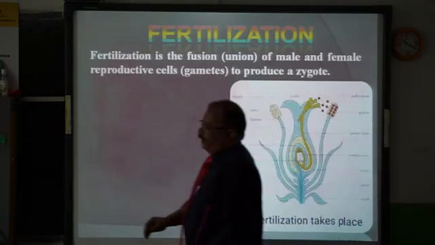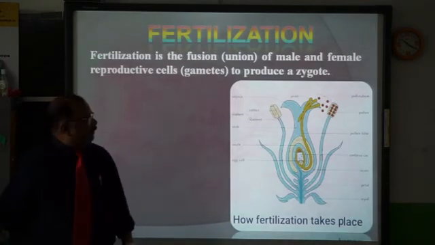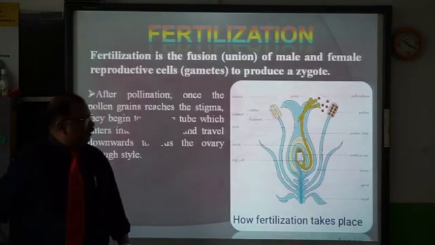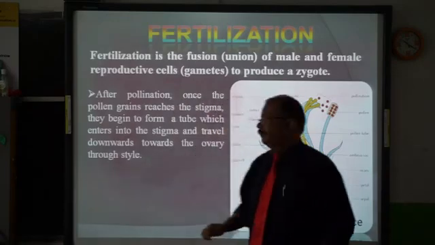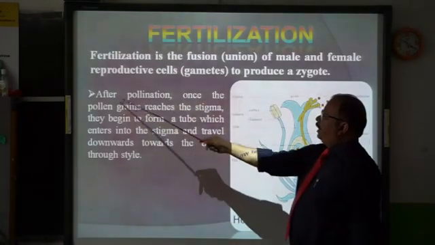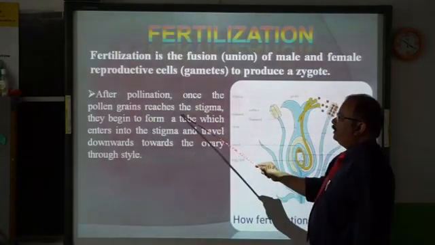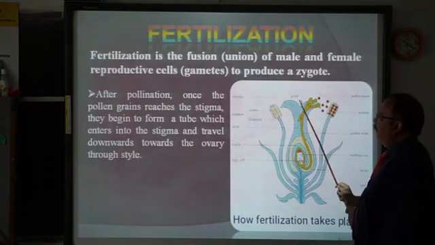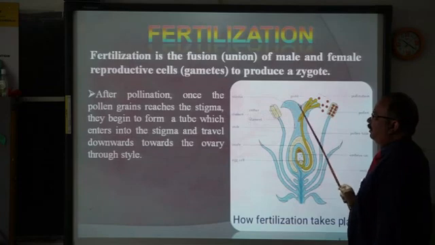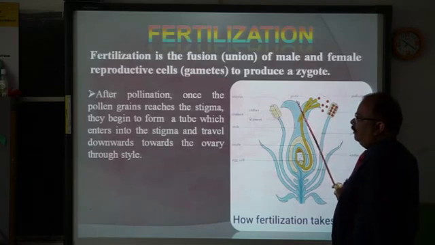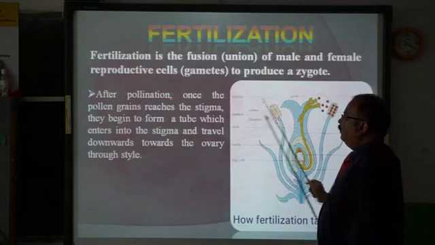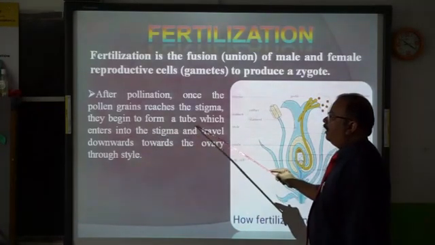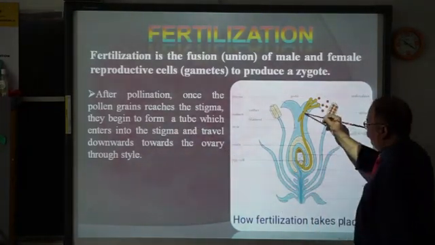Now, pollination we have already discussed. So what happens after pollination? Now look at this. After pollination, once the pollen grains reach the stigma, these pollens, the red dots, are getting stuck on the stigma by the various agents. Then what happens? They begin to form a tube. Can you see this tube?